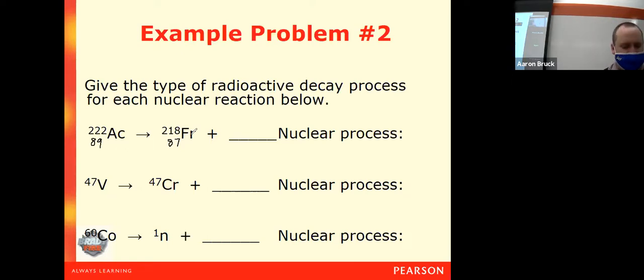So to figure out what's missing, again, I need to look at 222 up top, 89 on the bottom. I've got 218 already, plus something is going to give me 222.